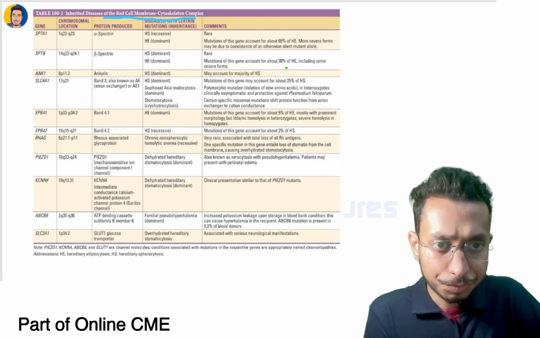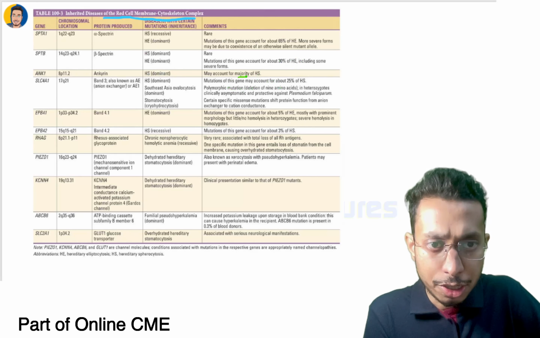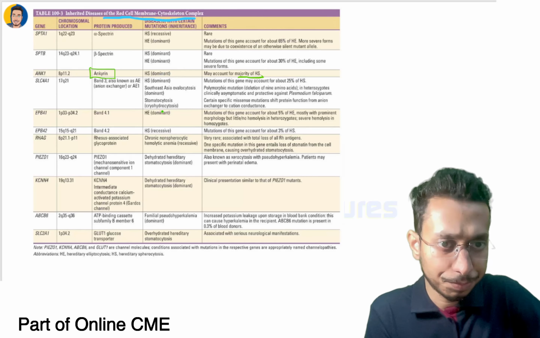You can see the majority of hereditary spherocytosis is due to ankyrin protein defect.